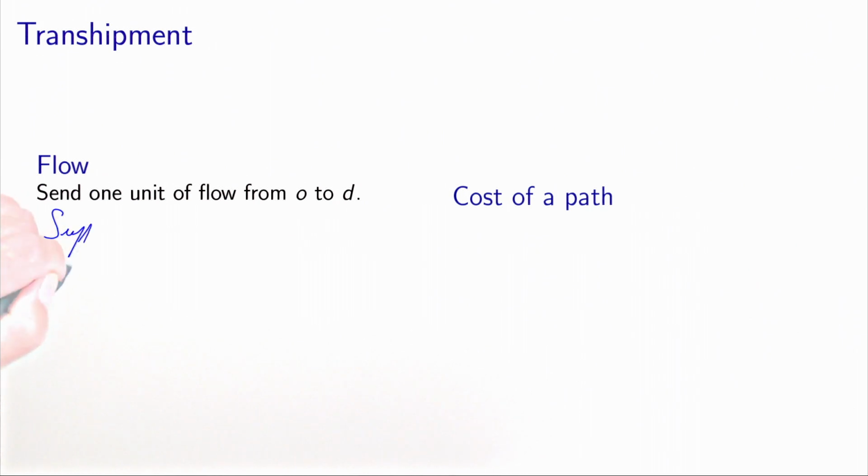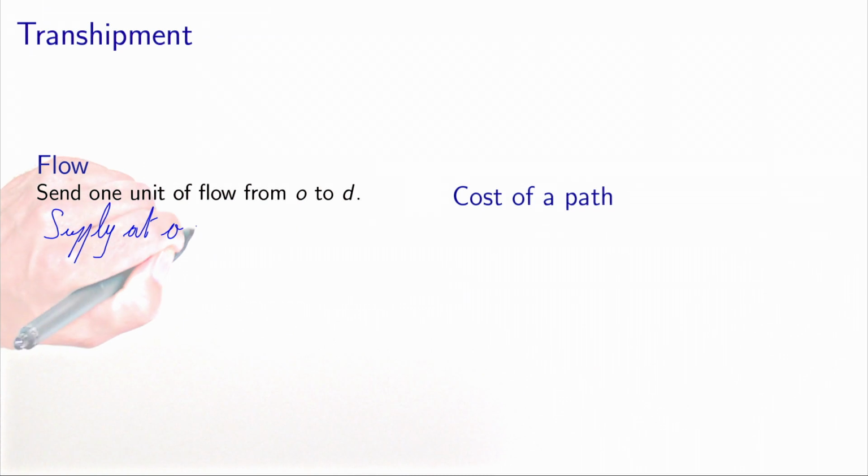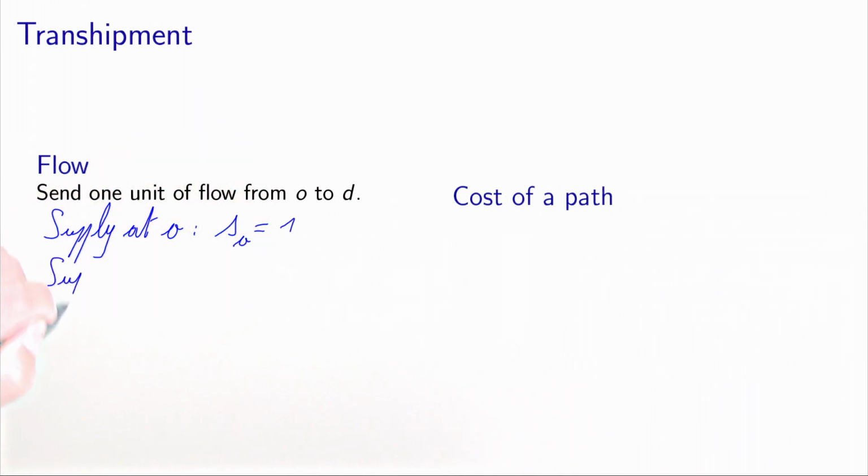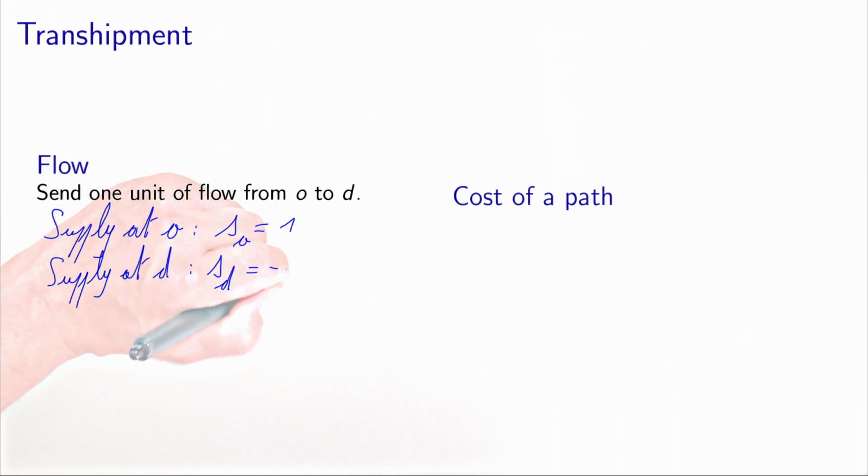The supply at node O, at the origin, will be 1 because this is where we are injecting this unit of flow. So S_O equals 1. If we look at the destination now, the supply at D will be -1 because this is where the unit of flow reaches the destination and gets out of the network.